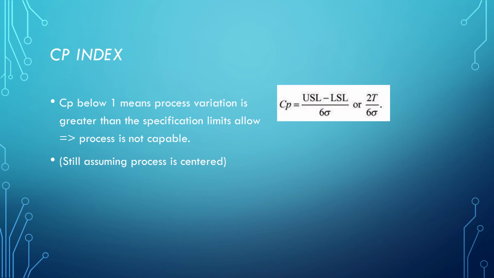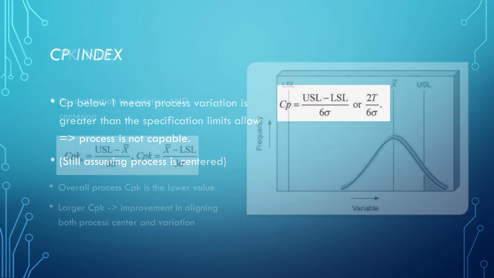And this is also assuming that the process is centered within the tolerances. The nice thing about this index is all we have to do is compare it to 1 to know whether the process is capable or not. If the value is less than 1, then that means that the width between the tolerances is smaller than the width of the underlying distribution, and therefore the process is not capable.